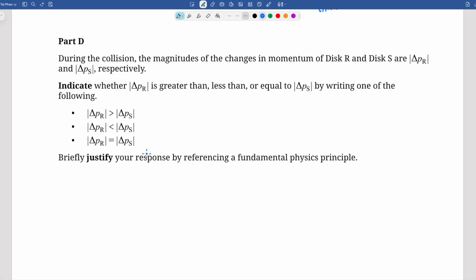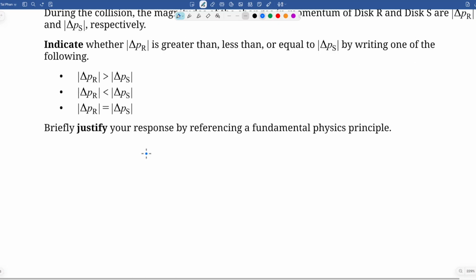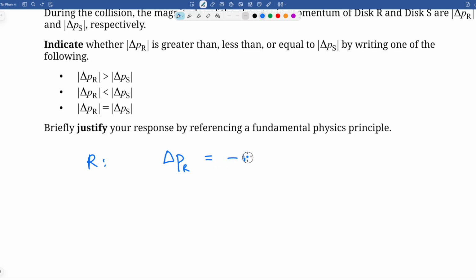Okay. The simplest way to do this problem is to write the change of momentum of the two systems. For the disk R, the change in momentum, delta PR, is the final momentum, which is m0 times negative 1/2 v0, minus the initial momentum, which is m0 v0.